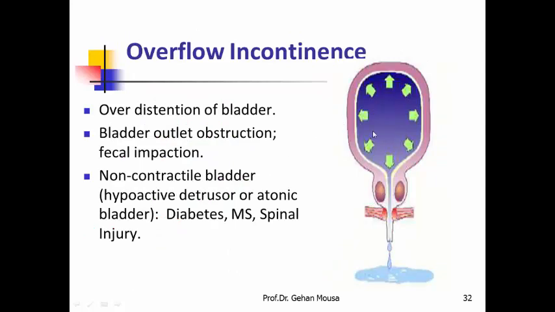Overdistension of the bladder may be affected by any disturbance of the site of evacuation, may be due to a hypoactive detrusor muscle or atonic bladder.